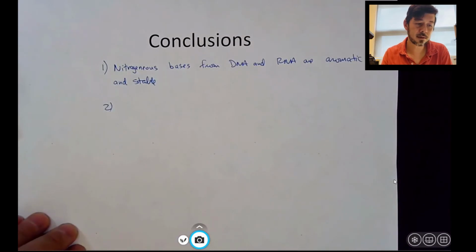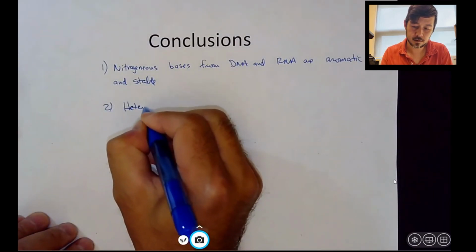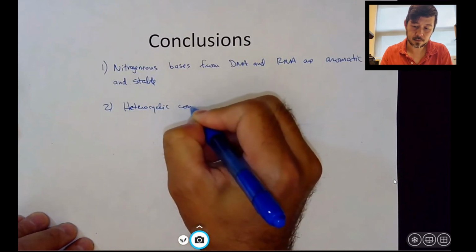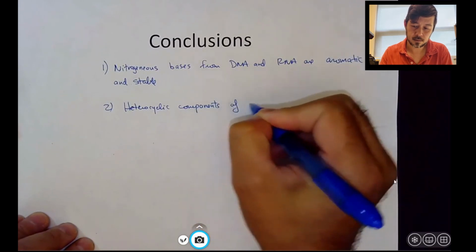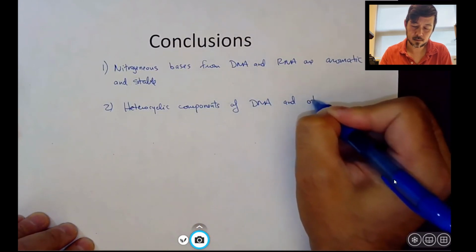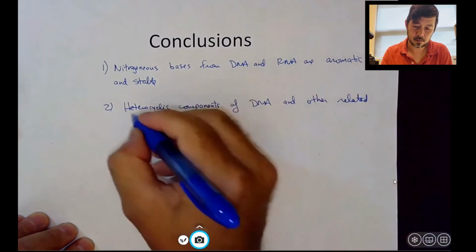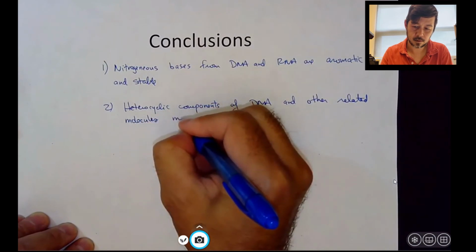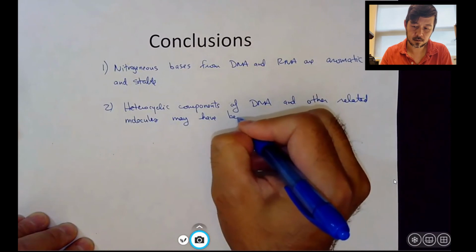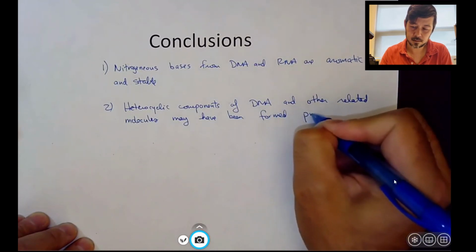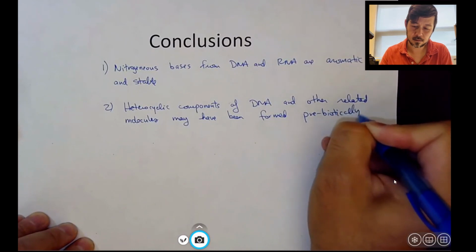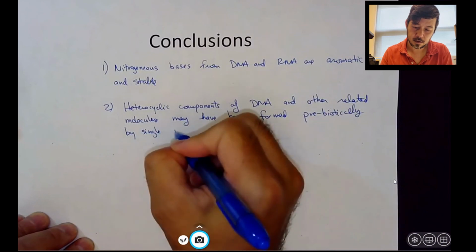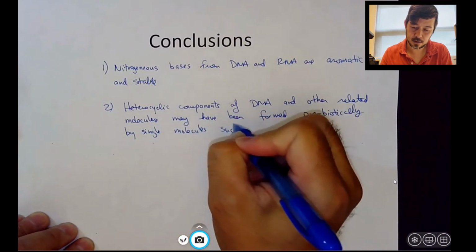Number 2, part 2, we talked a lot about different things. The main takeaway from that was that heterocyclic components of DNA and other related molecules may have formed prebiotically by using very simple molecules, such as hydrogen cyanide.